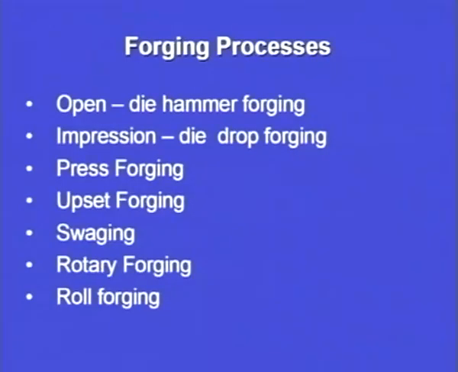Now, as we have seen, if we want to convert a raw material into a final product, we have a number of manufacturing routes. We can either make a product by casting, or by machining, or by metal forming, or we can get the desired product using the principles of powder metallurgy, and there are a number of unconventional manufacturing processes that can be used to convert a raw material into a final product.